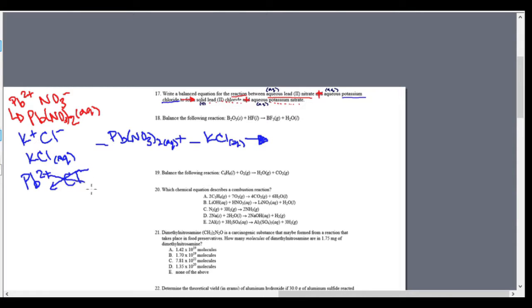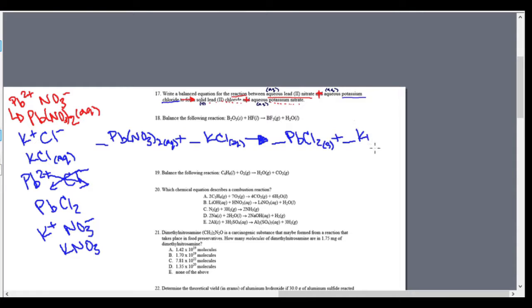When we swap charges, we get PbCl2, and we're told that that's a solid, so PbCl2 solid plus, and K plus and NO3 minus, potassium nitrate, so KNO3, so plus KNO3 aqueous.